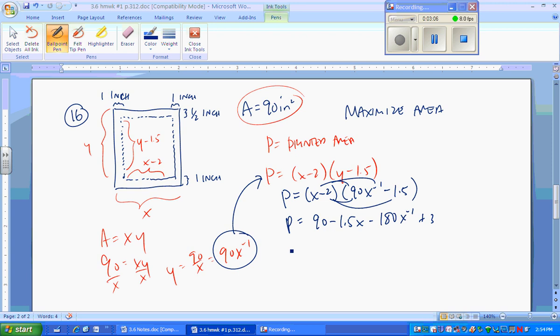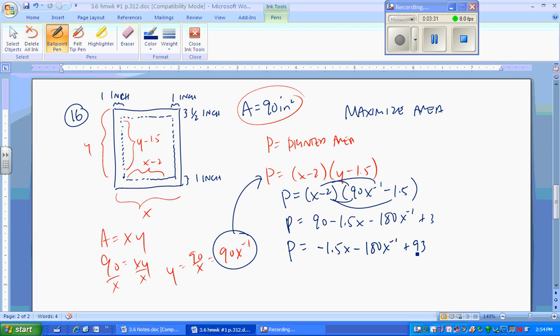Now we can take the derivative of this. Actually, let's stop first before we take the derivative and combine like terms. So, printed area equals negative 1.5x minus 180x to the negative first plus 93.